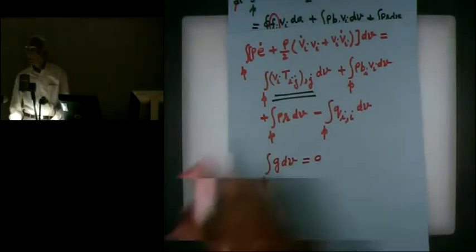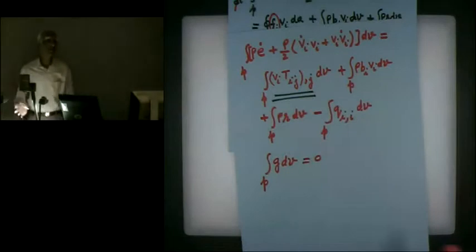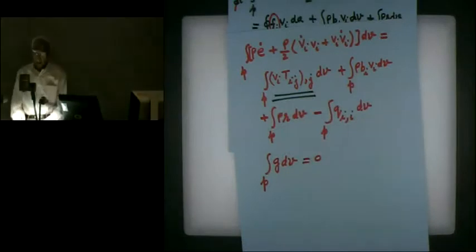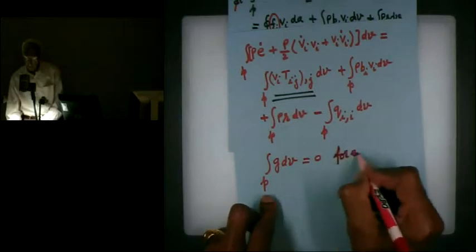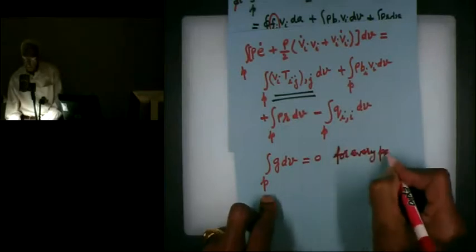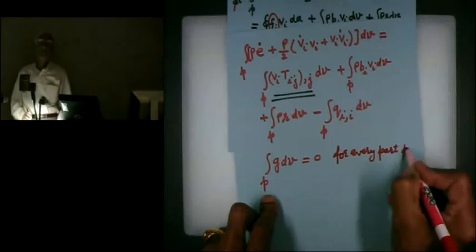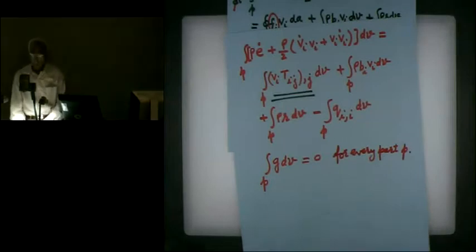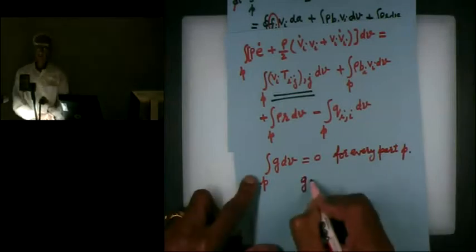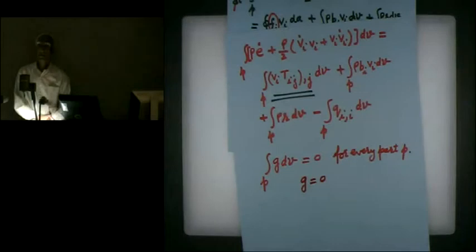If we combine all of these terms, all of them are integration over the part P, volume integration. And if this equation has to hold for every part P, then G must be 0. So this is true only if G is 0. So let's set that G equal to 0.